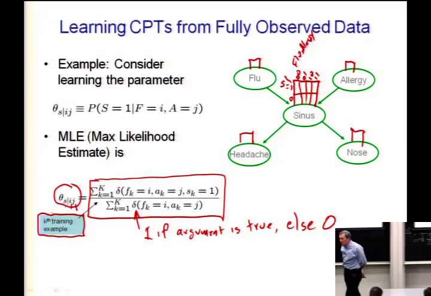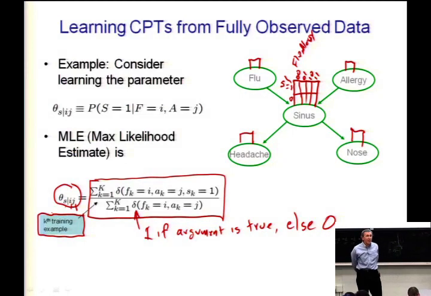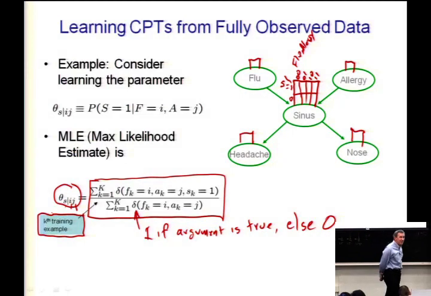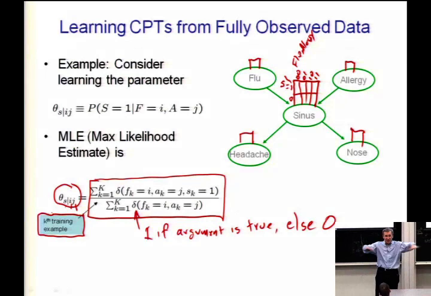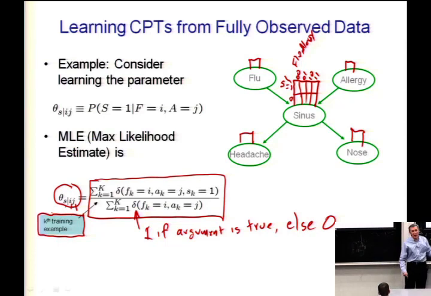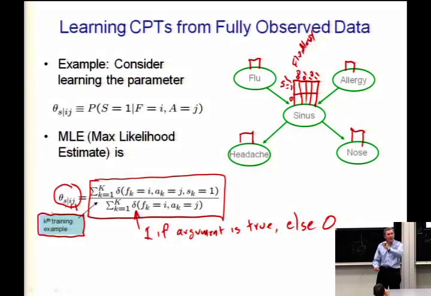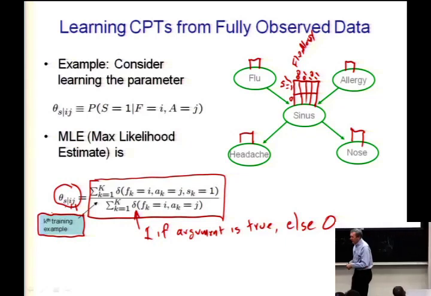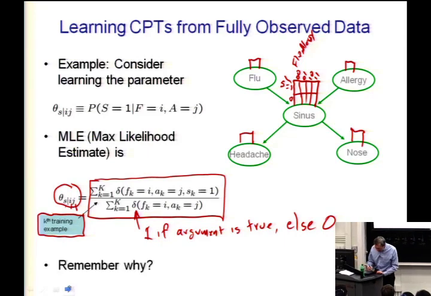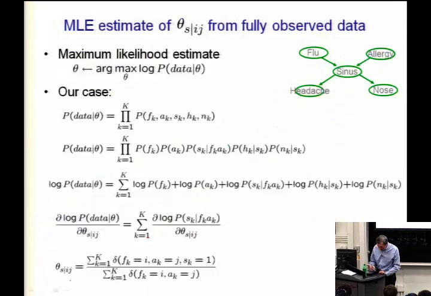What you want to do is you want to prove to yourself that the likelihood of the data, the probability of the data given the entire set of parameters, is maximized if we use these kind of maximum likelihood estimates individually on every parameter in the network. Okay. And it turns out that's pretty easy to do. Let's do it.